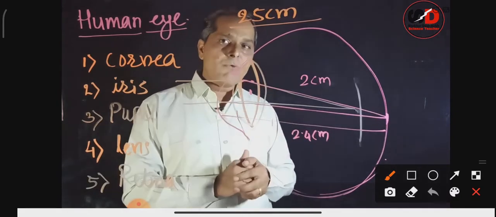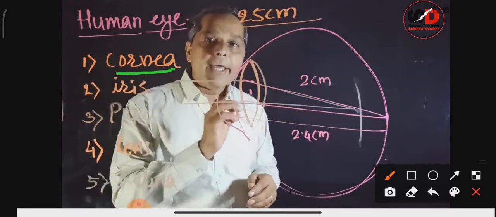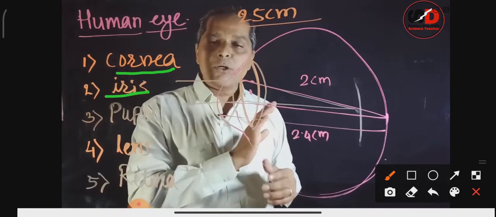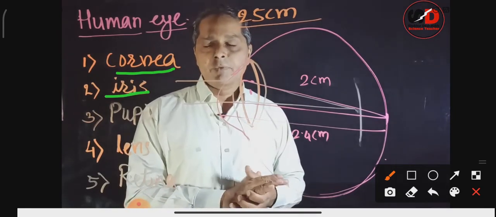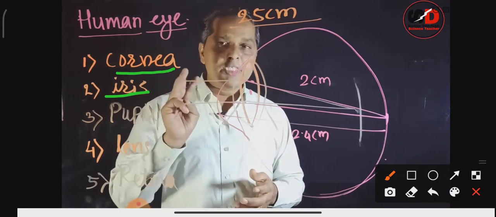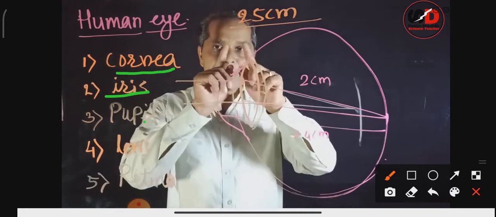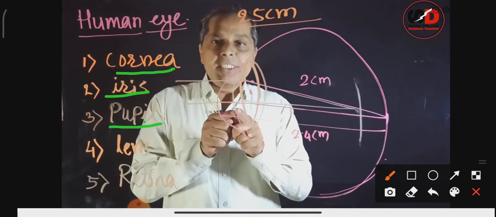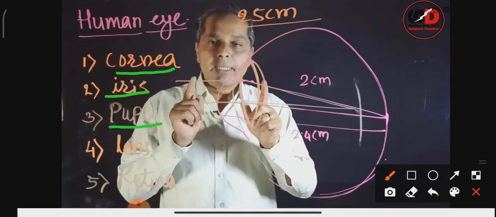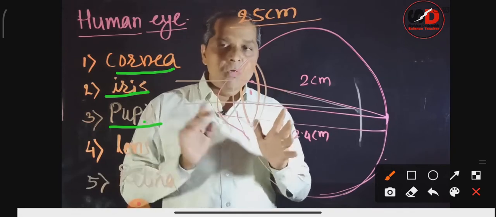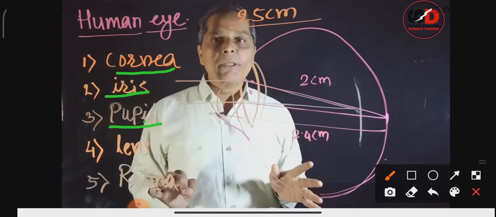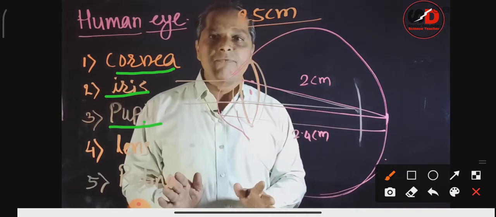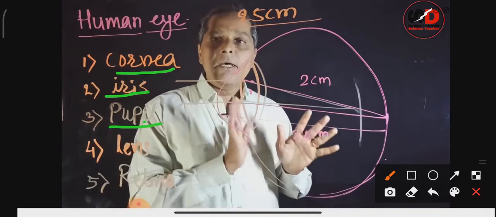The second part that we have seen is the iris. The iris gives color to the human eye. Third is the pupil. In the center of the iris there is a circular opening which can change its diameter. That is nothing but the pupil. What is the function of the pupil? The pupil controls the light entering the eye.